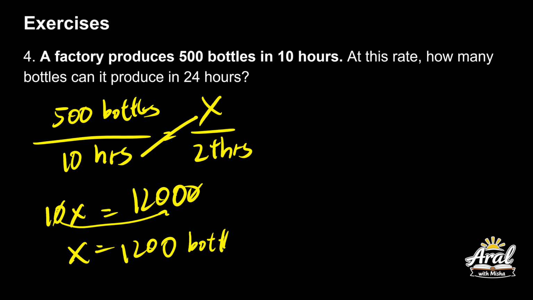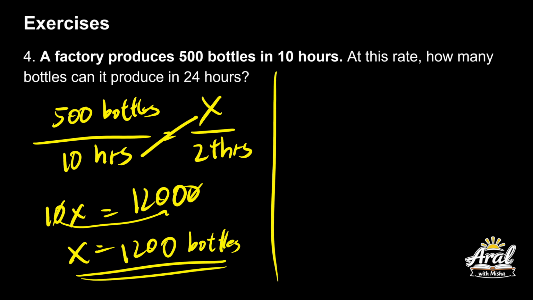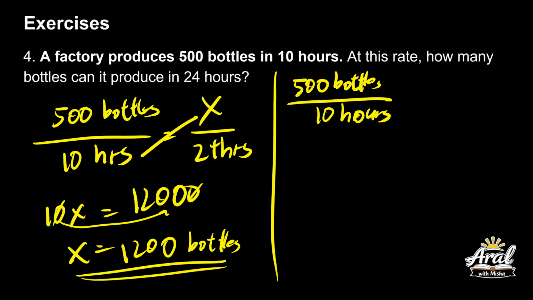Okay? So, you want to get the unit rate. 500 bottles per 10 hours, diba? So, cancel. 50 bottles per hour. Okay? 50 bottles per hour.